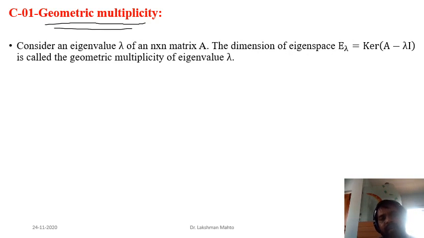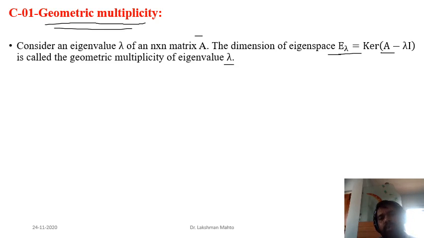Consider an eigenvalue lambda of a given n by n matrix A. E lambda is the eigenspace, or simply the kernel of A minus lambda I. The dimension of this eigenspace is called the geometric multiplicity of the eigenvalue lambda.